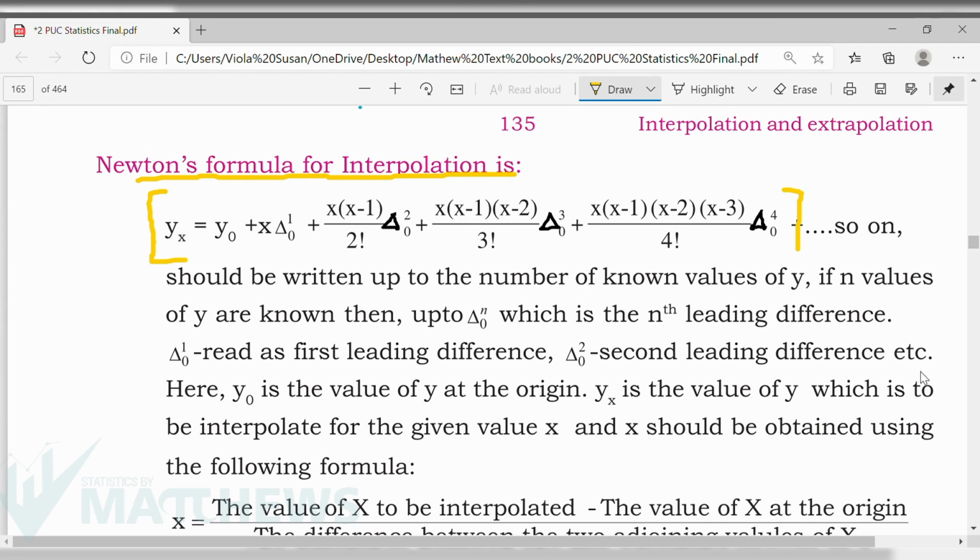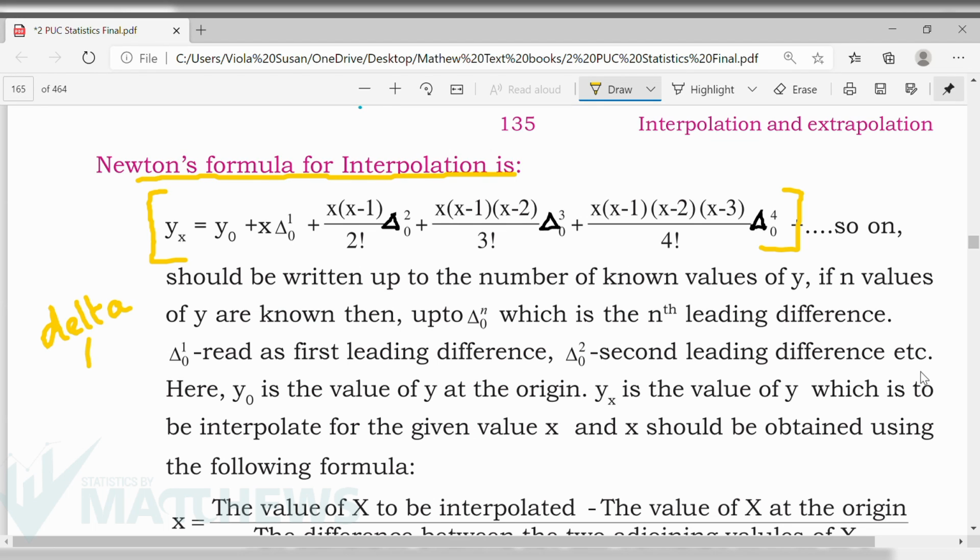Okay, it is given as y_x = y_0 + x Δy_0 (Δ^1 y_0).